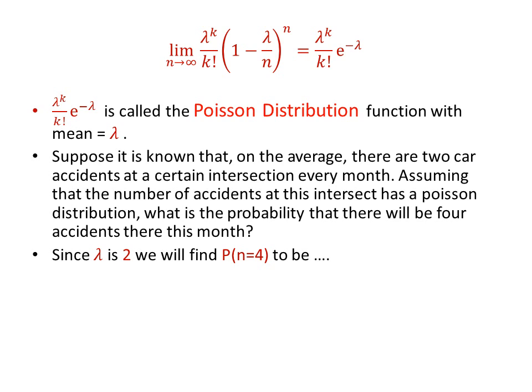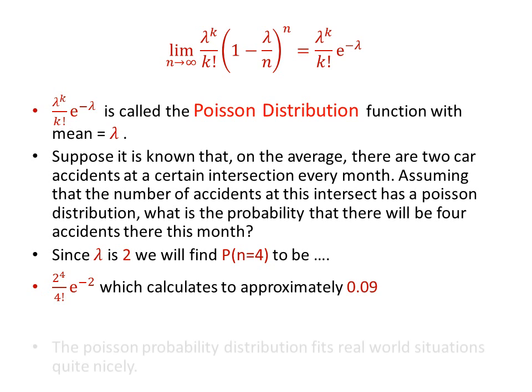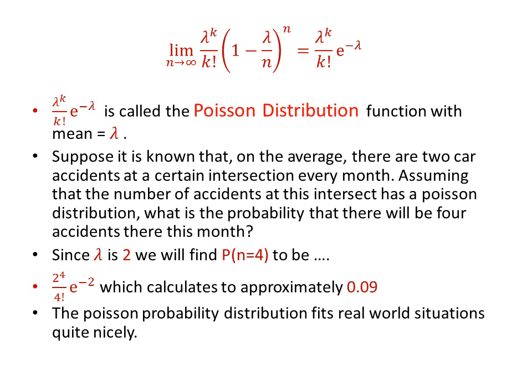In other words, lambda is 2, and we want to find the probability that k equals 4. Plugging that into our Poisson distribution formula, we get 2 to the 4th over 4 factorial times e to the negative 2, which calculates to approximately 9%.